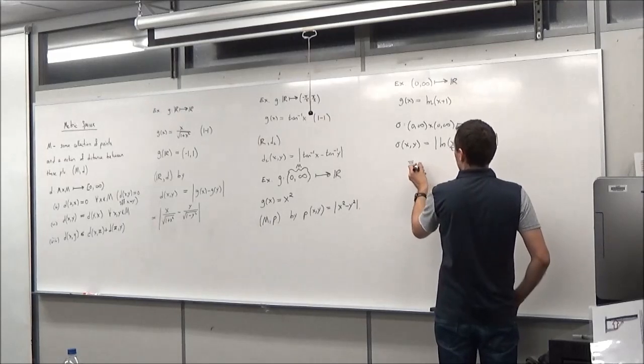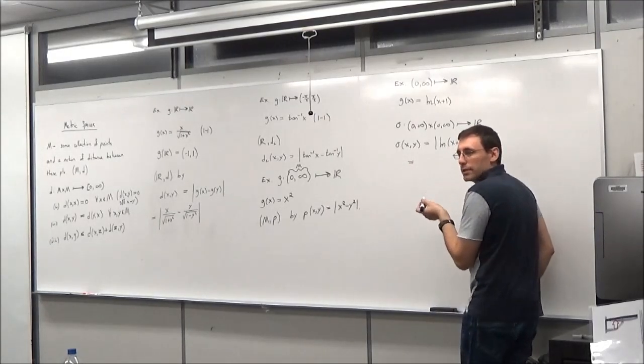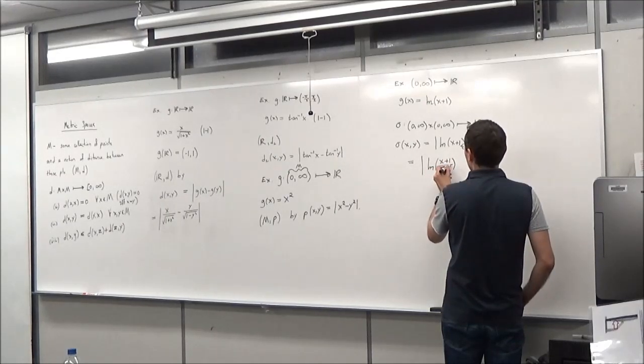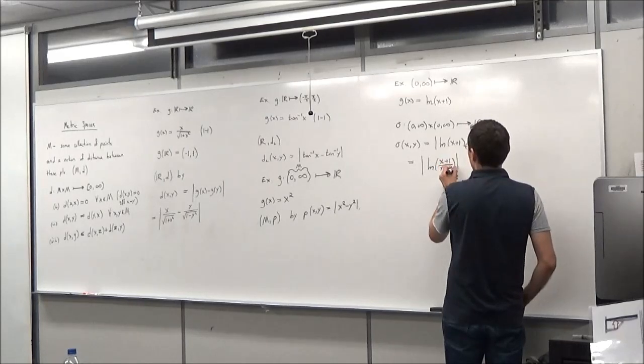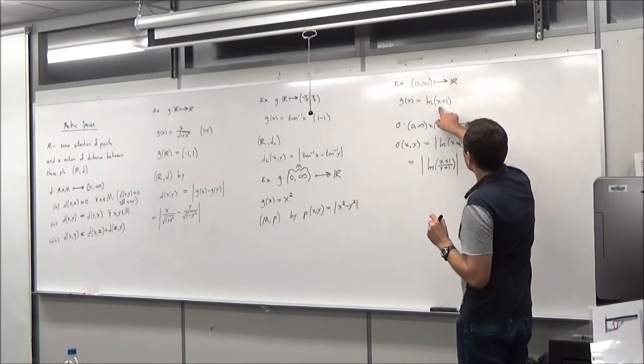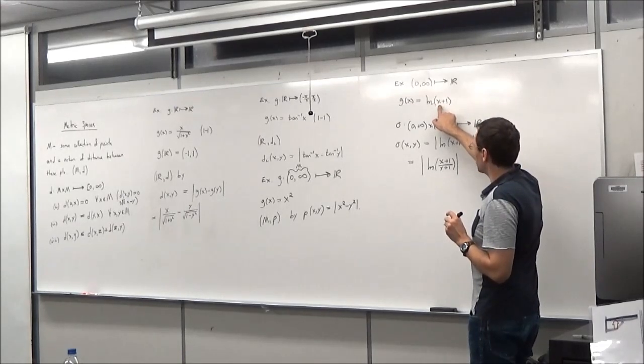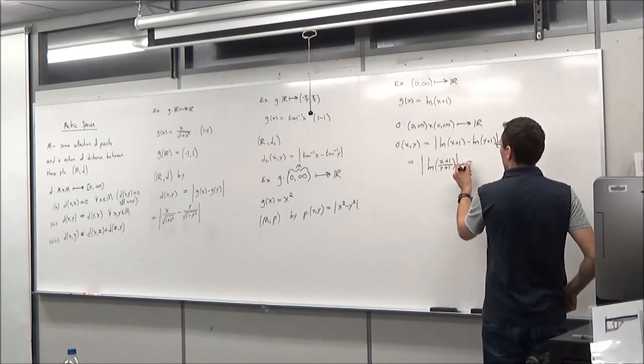So this you can simplify. I'm just trying to make it look weird, right? So this is the absolute value of ln of x plus 1 divided by y plus 1. In fact, since ln is always positive here, because the input is bigger than 1, I could drop the absolute value.